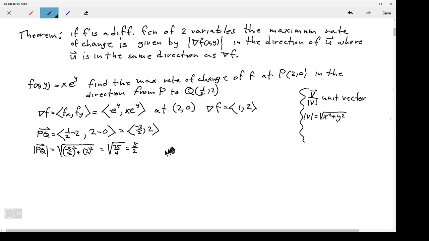Now to get u, I'm going to do PQ over the magnitude of PQ. The 5/2 in the denominator makes that 2/5 times negative 3/2, 2.